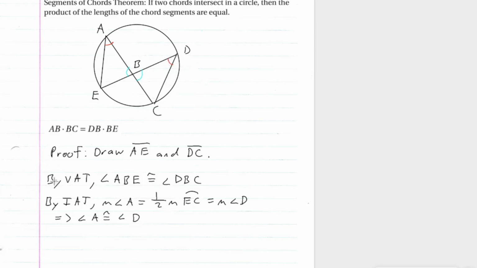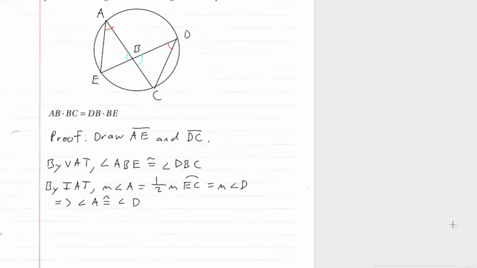And remember, that's all we need in order to show that these two triangles are similar by the angle-angle similarity postulate, right? So we have angle A is congruent to angle D. We have angle ABE is congruent to angle DBC.